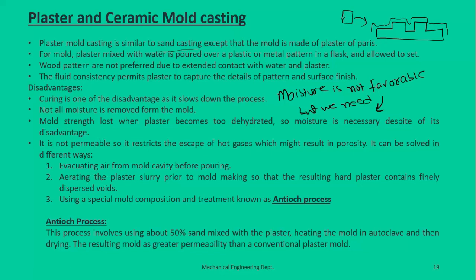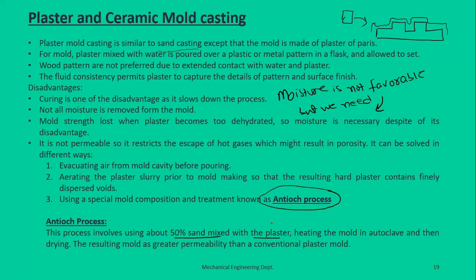Another method is aerating the plaster slurry at the mold cavity, so that the resulting hardened plaster contains finely dispersed voids. And there's another method called the anti-Hodge process, in which we have 50% sand mixed with 50% plaster.